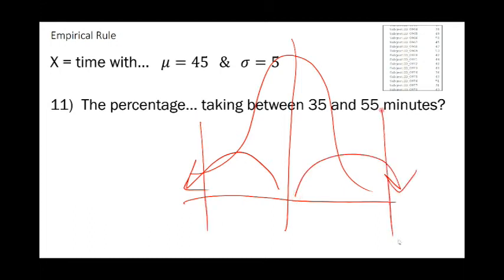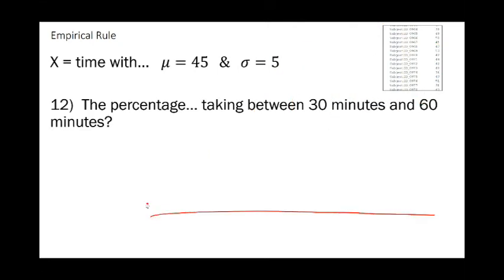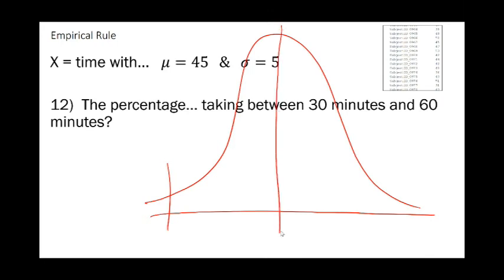That's 95%. 99.7% will be within 3 standard deviations of the mean. If you have somebody that gets bit by a zombie and you're thinking, wow, I wonder if it'll take 70 minutes for them to turn into a zombie, then you're probably in really, really bad shape. About 99.7% will turn into a zombie within 30 minutes, which is 3 standard deviations below, and 60 minutes, which is 3 standard deviations above.